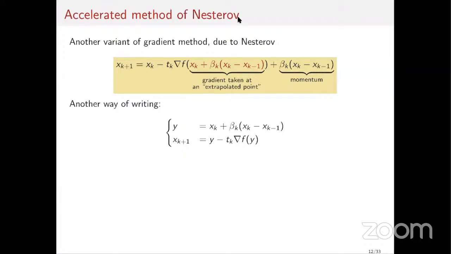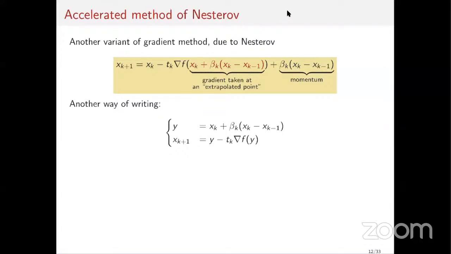This is how this variant of the gradient method looks like, due to Nesterov. The only difference with the heavy ball method is that the gradient is not taken at xk, but rather at a certain extrapolation of xk.